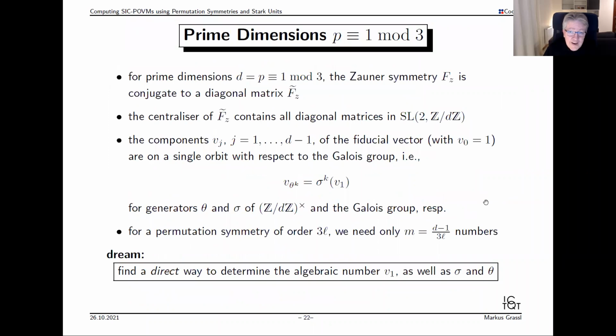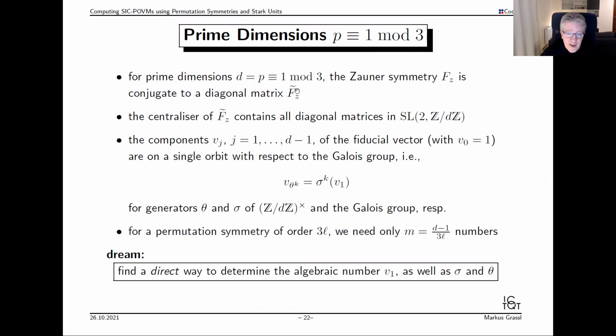Let me now finally go to the case when the dimension is a prime dimension, congruent 1 modulo 3. Some might recall that Jean Cobb has looked at dimensions which were congruent 2 mod 3. We are taking just the other case, not divisible by 3.